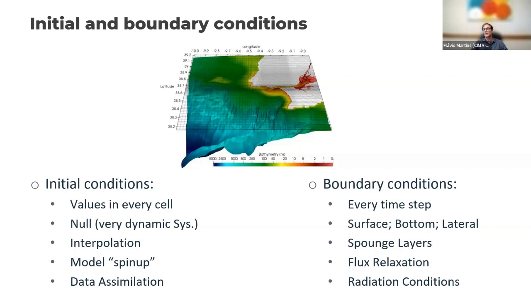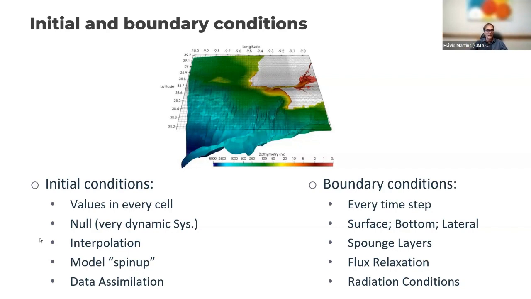And that's okay in a very dynamic system. Imagine that you are simulating an estuary. And the residence time of the estuary is a few days. So you know that if you simulate just a few days, even if you start with completely wrong initial conditions, after a few days, all that information was lost, was forgotten by the system, and you start having good results.